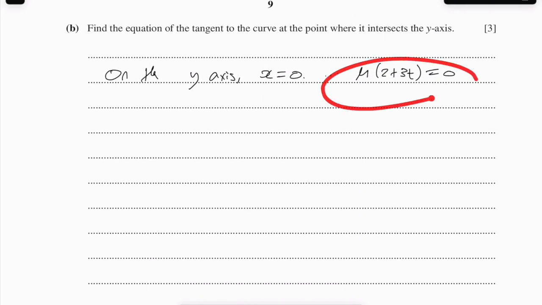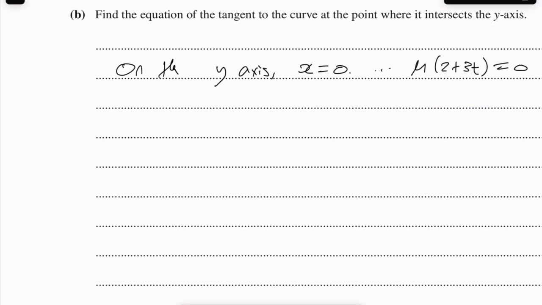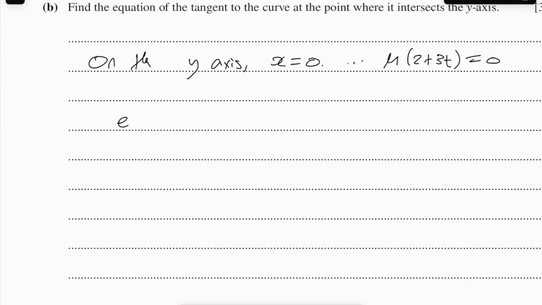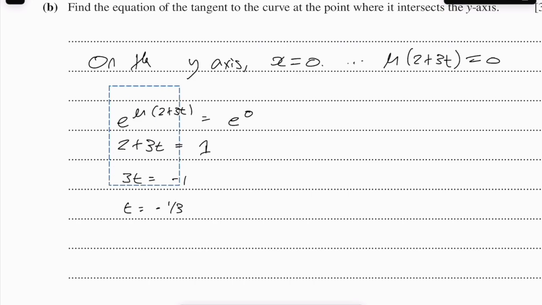Well, if ln(2 + 3t) is equal to 0, if we take the exponential of both sides, we know then that 2 + 3t is going to equal 1, which means that 3t is equal to negative 1, which means that t is equal to negative a third.